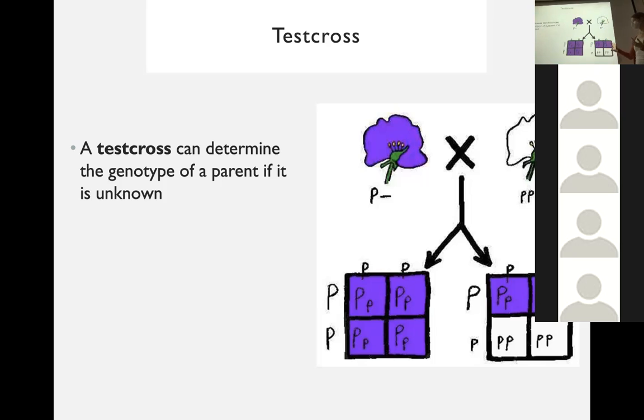If you end up with this ratio, basically half and half, you know that the purple parent plant must have donated a small p in addition to the big P that you know it has. So that's pretty logical and rational. Hopefully that makes sense to everyone. You can just work backwards, just like we did with that albino example.